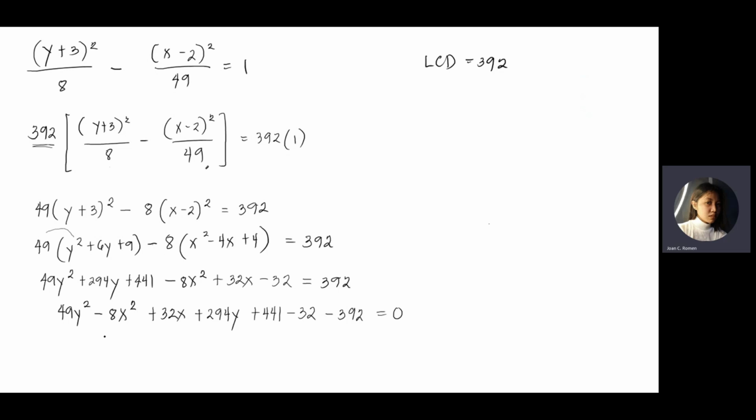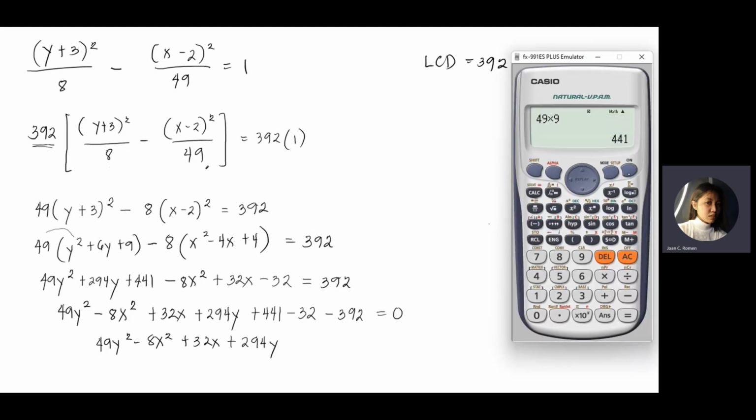Okay? So next, simplify na natin. Combining like terms, simplify yung constant. 49y squared minus 8x squared plus 32x plus 294y. 441 minus 32, then minus 392 is equal to 17.